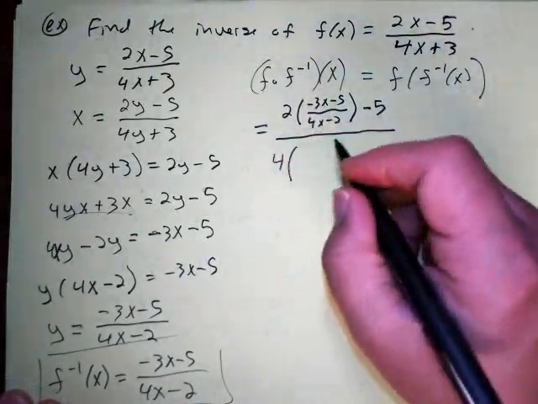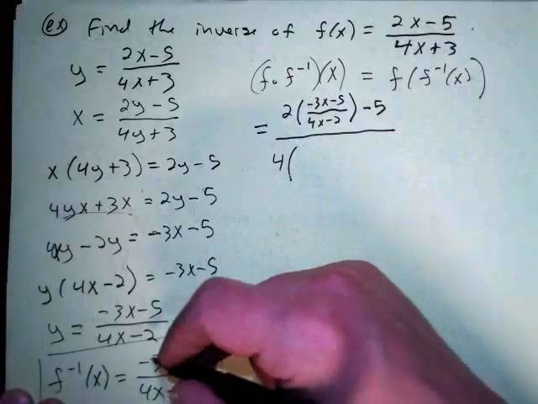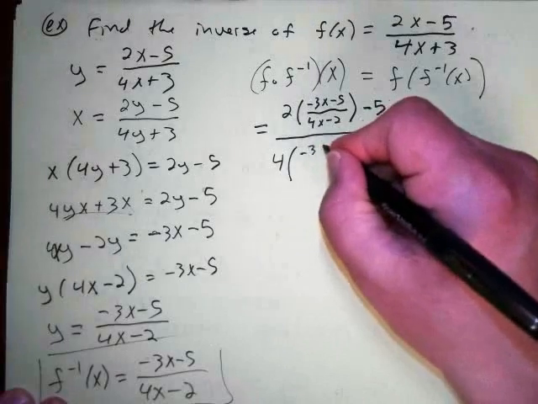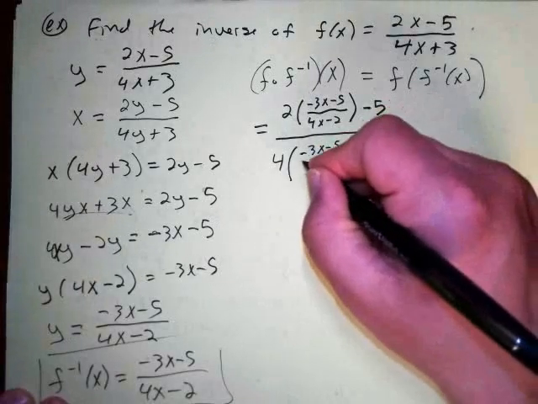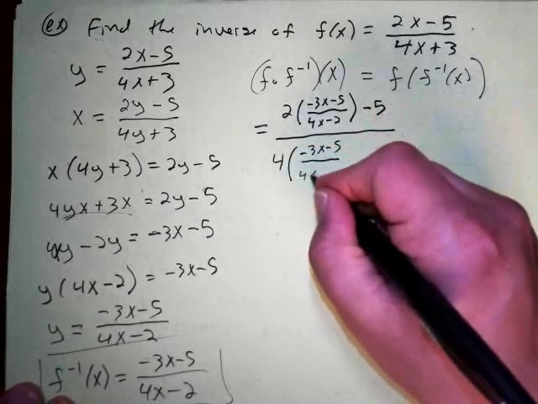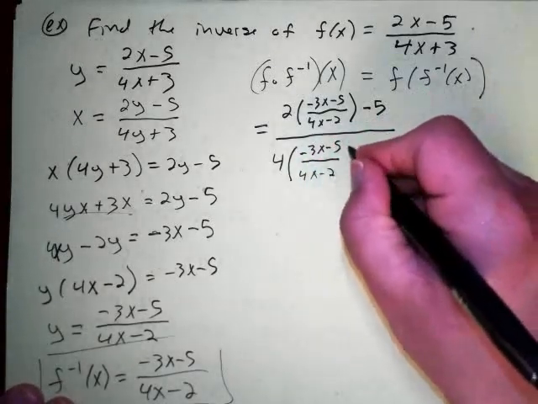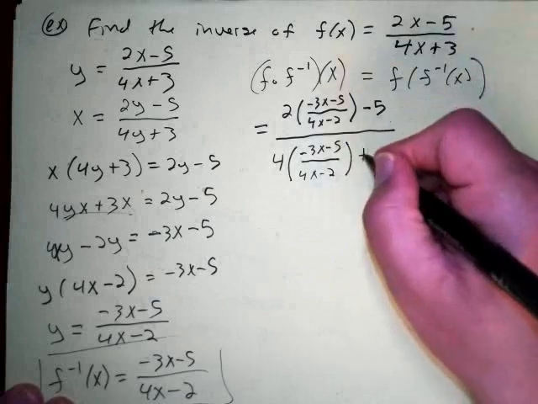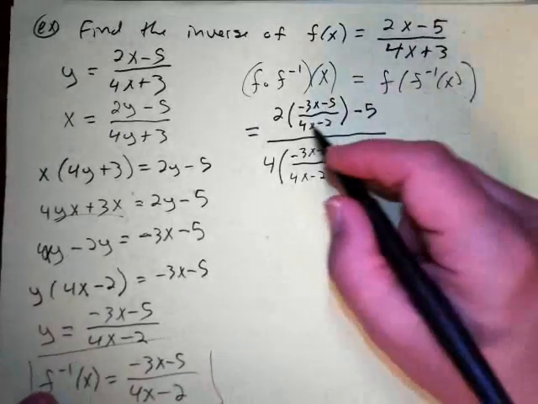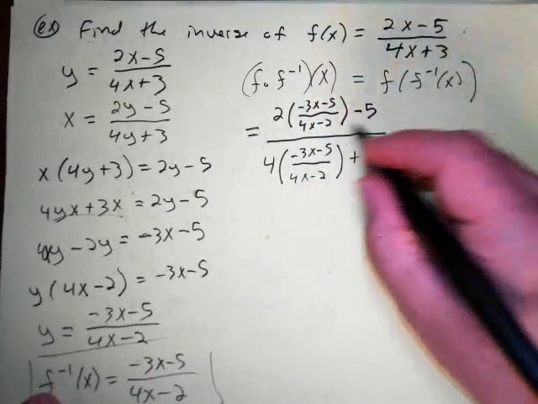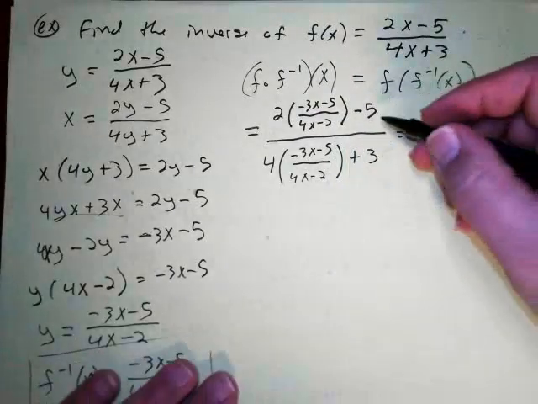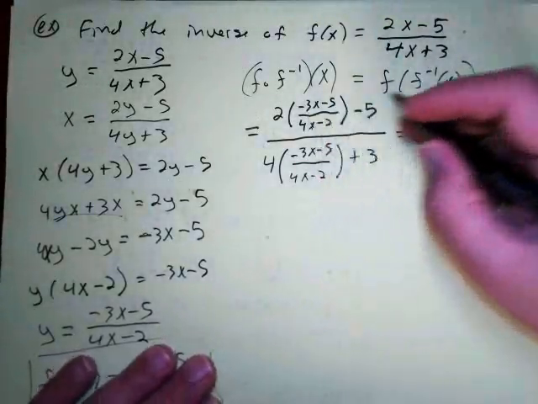Now I'm going to put this in here, and so I get negative 3x minus 5 over 4x minus 2, and all that plus 3. Now what I need to do is combine these over a common denominator. I'm going to first distribute the 2.